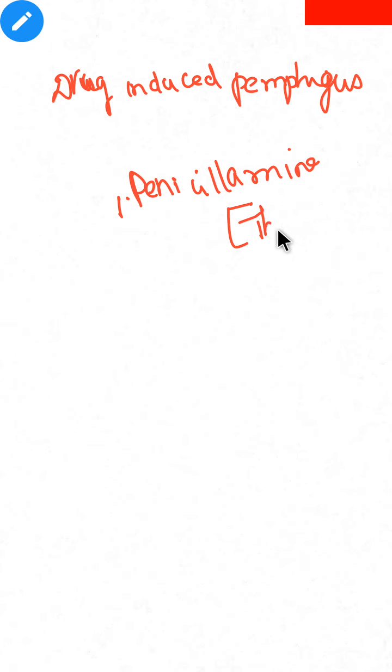The most important drug involved in pemphigus is mainly penicillamine. In penicillamine, the main culprit here is the sulfhydryl group. Sorry, thiol group. Okay, penicillamine contains a thiol group, which is mainly responsible for pemphigus.